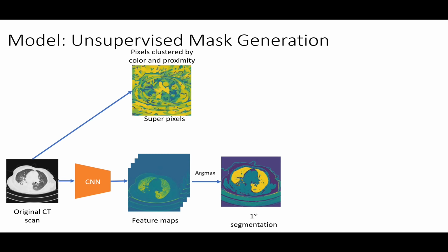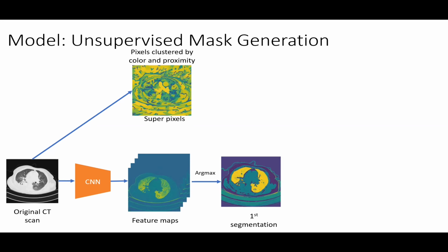So a second thing we do is we create those super pixels. Here it's simply some sort of clustering that we're applying, basically clustering on color and proximity.